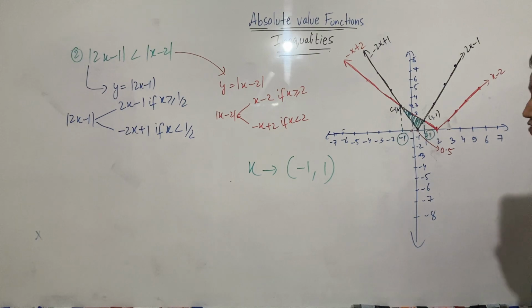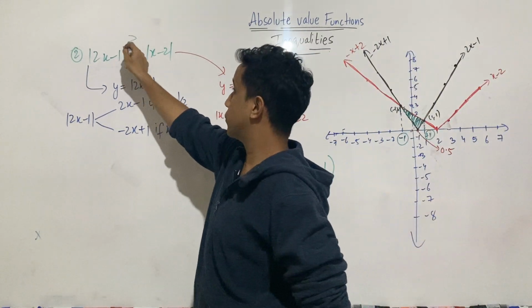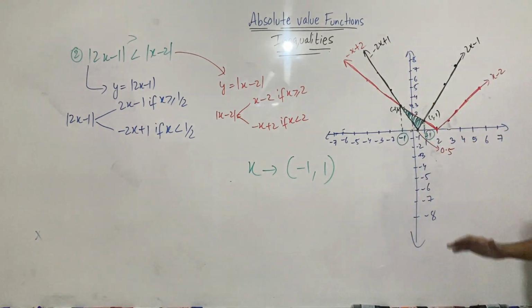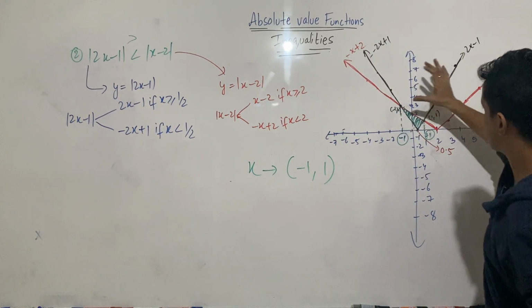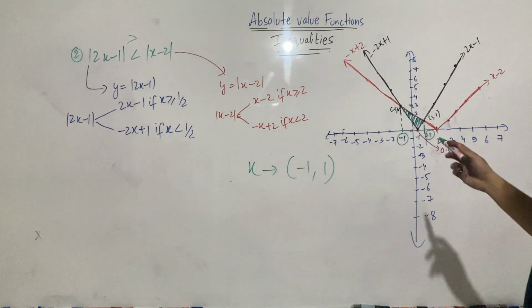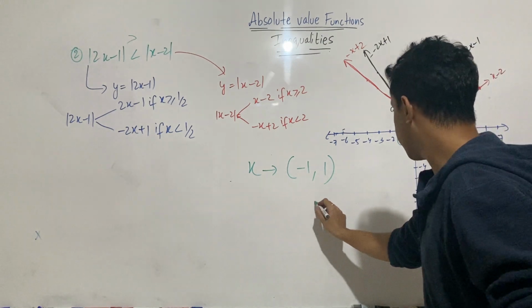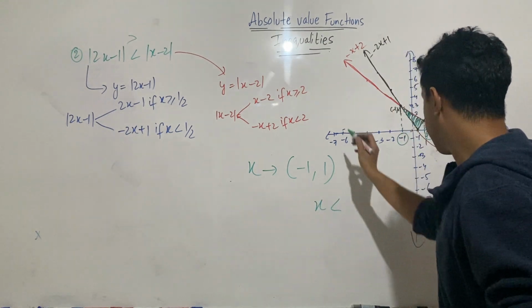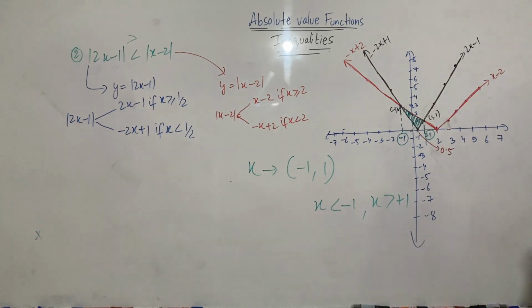If they had asked greater than, then they were speaking about this part and this part. In that case, your answer would be x less than minus 1 and x greater than plus 1.